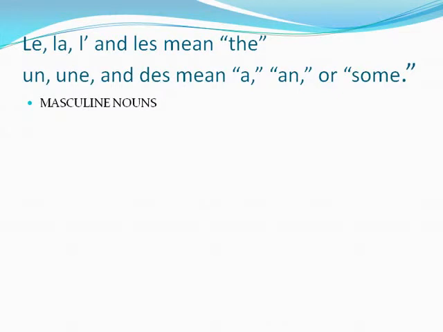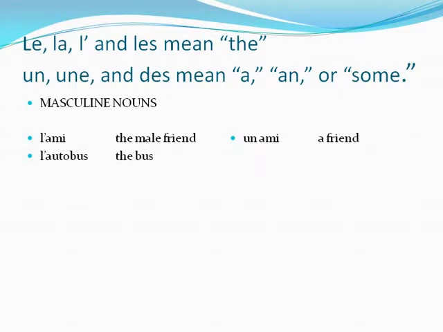And we're just going to leap into it and go into the masculine nouns. We're going to switch up l'ami, the male friend, into a male friend. Un ami. Okay, so it's not un ami, it's un ami. A male friend. L'autobus, the bus.